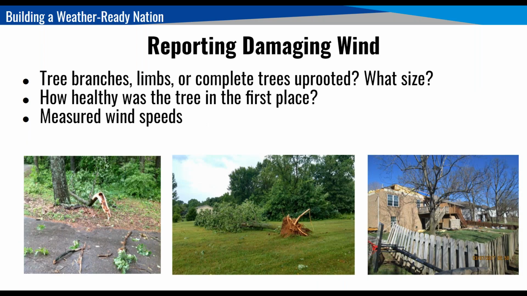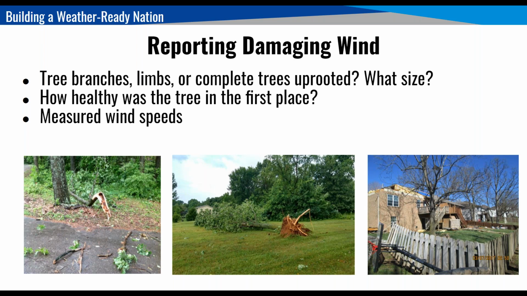Reporting wind damage, I mentioned things like tree branches, limbs. Are the trees completely uprooted? What size are these trees? Even more so, building on that, if you're able to let us know what type of tree.